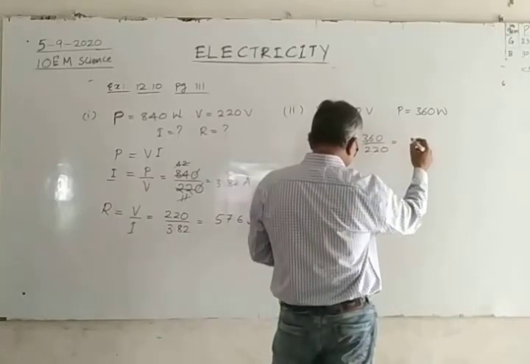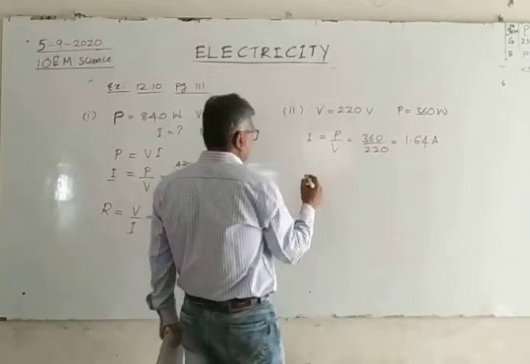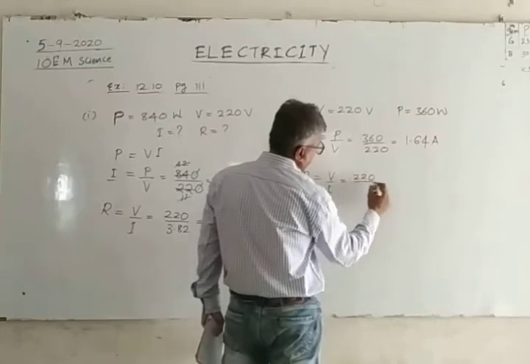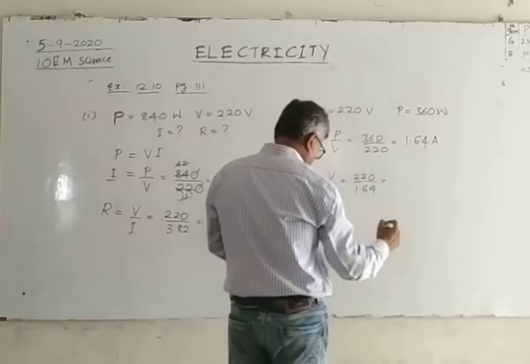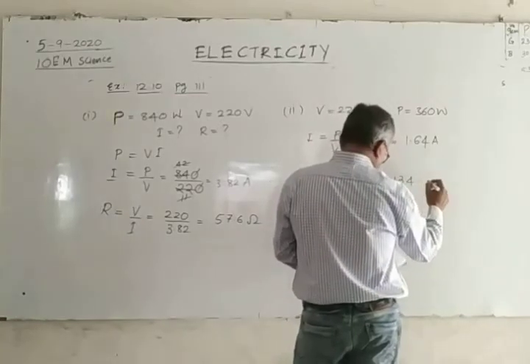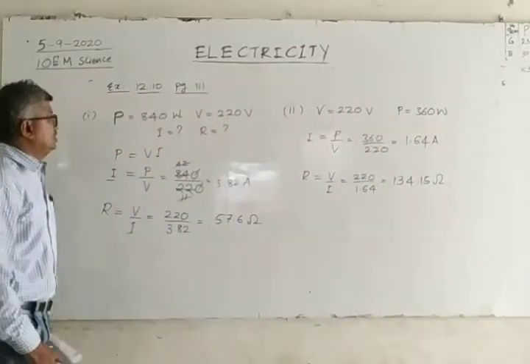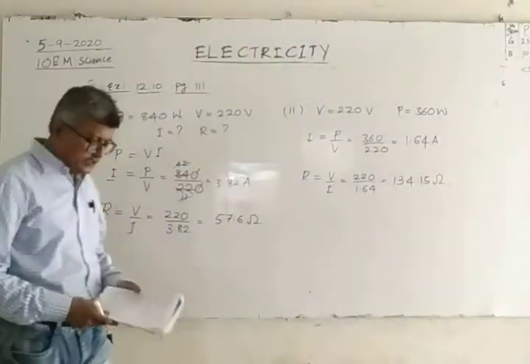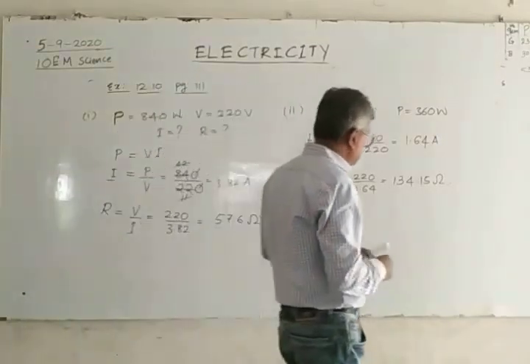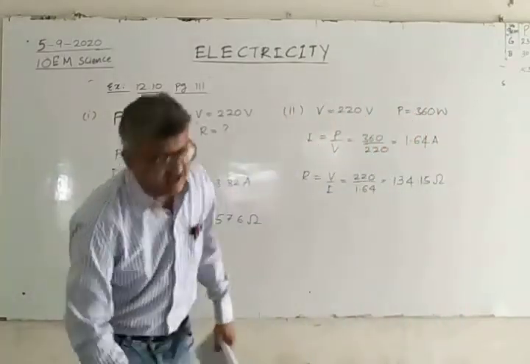It will give about 1.64 ampere and R is equal to V by I, 220 divided by 1.64, that is 134.15 ohm. So in this way you can calculate the amount of current and resistance when the amount of energy is given.